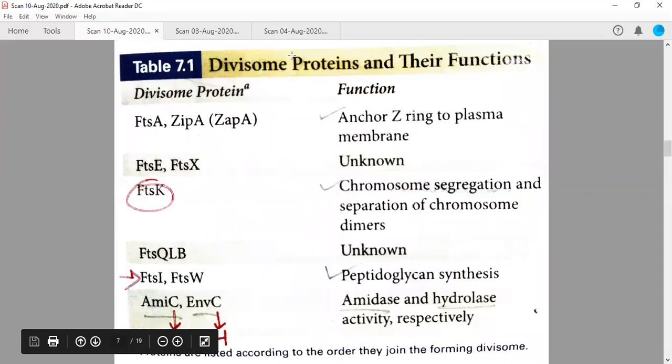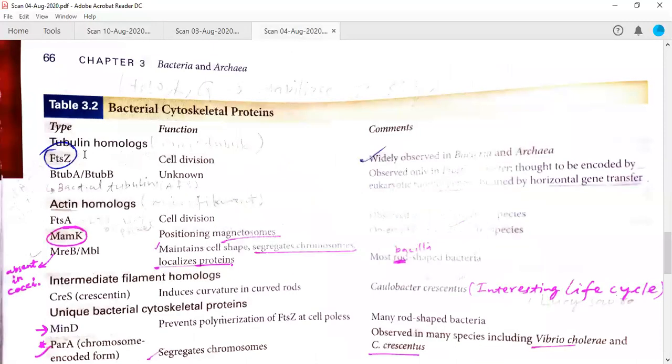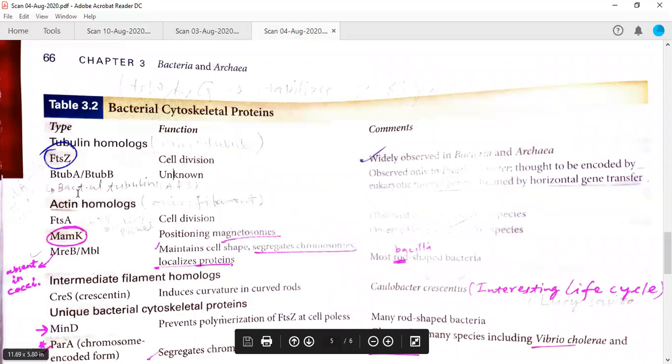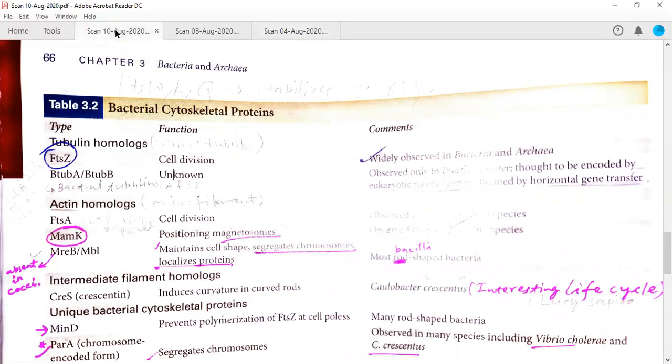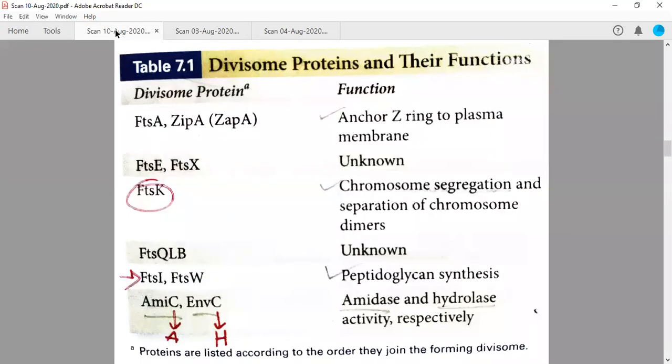Then, okay, so we have discussed almost all the proteins which are given in this particular table, but there are some other proteins also which are not given in this table, and they are also reported, and they are part of this divisome protein complex, which is a complex machinery required for the division of a bacterial cell into two daughter cells.